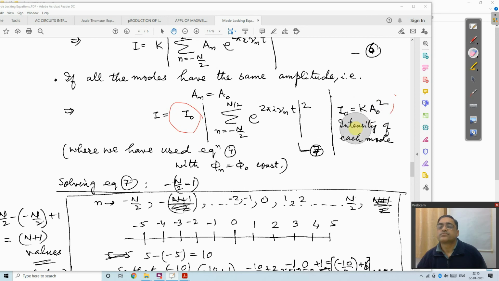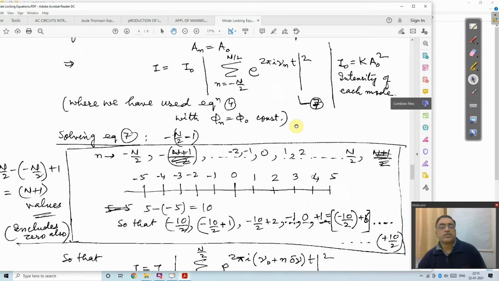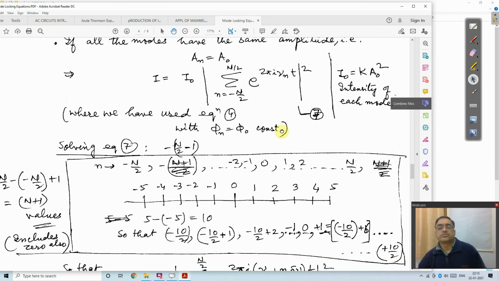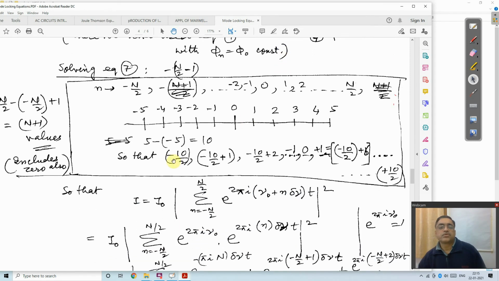Now, one important fact here: this equation has to be solved, and the same logic applies here. On either side of the central frequency we have steps.